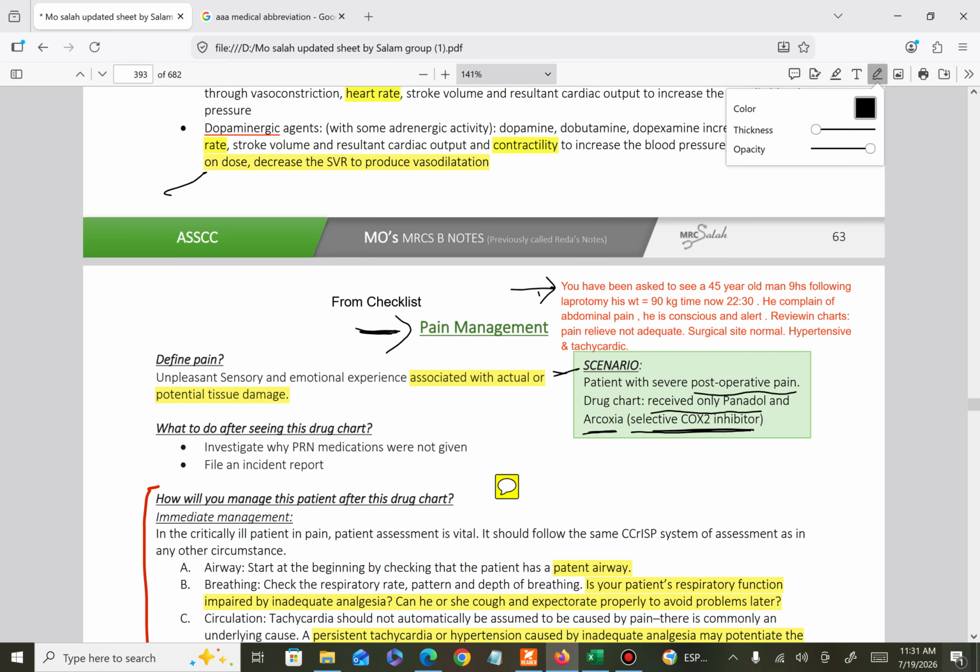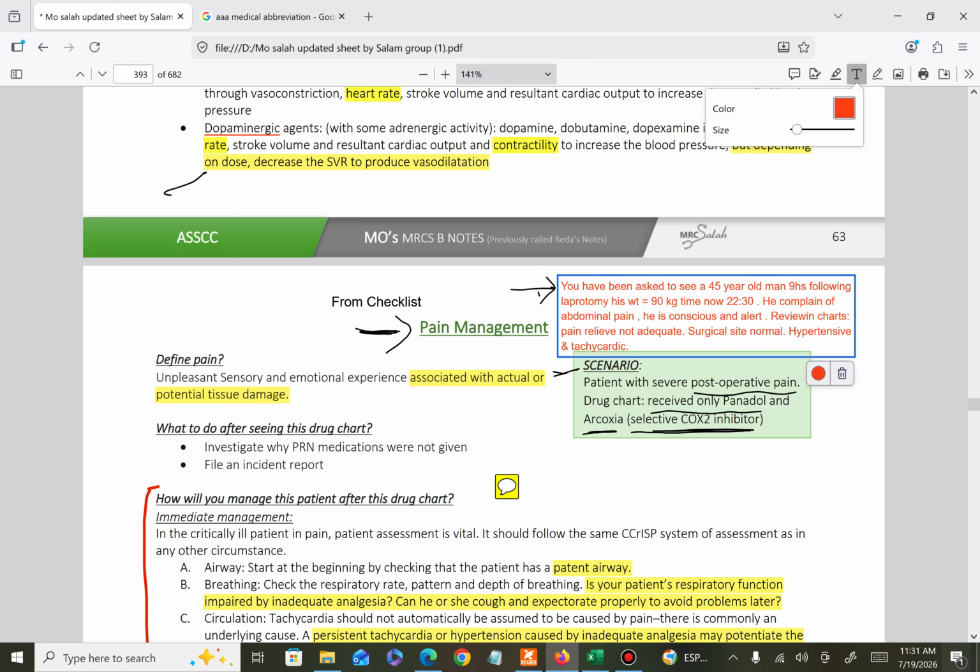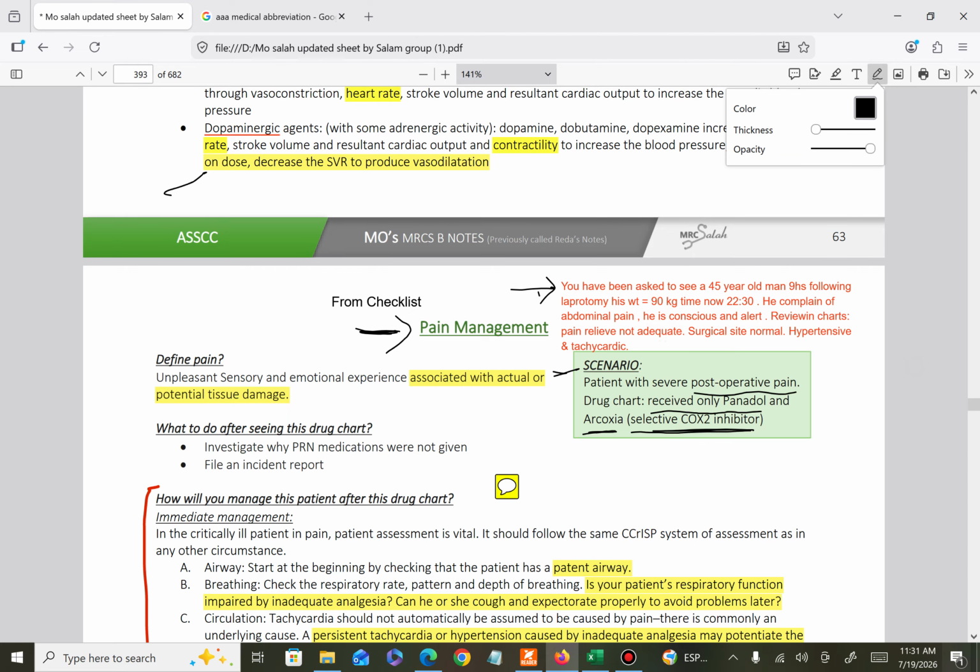His weight is 90 kg, time now 22:30. He complains of abdominal pain. He is conscious, alert. Review of charts shows the pain relief is not adequate. The surgical site is normal, and the patient is hypertensive and tachycardic.